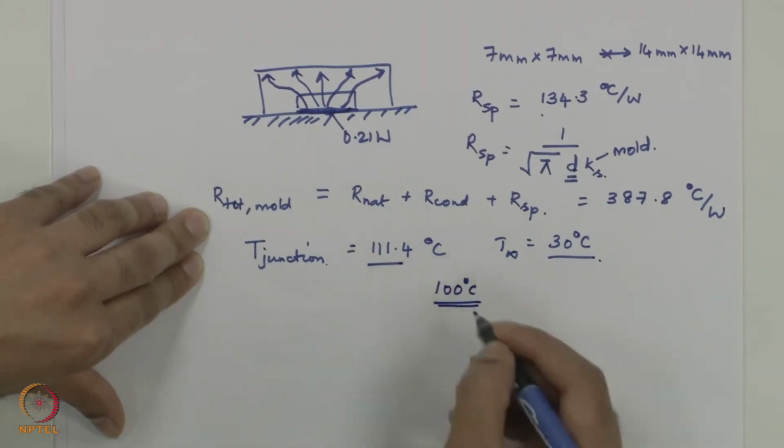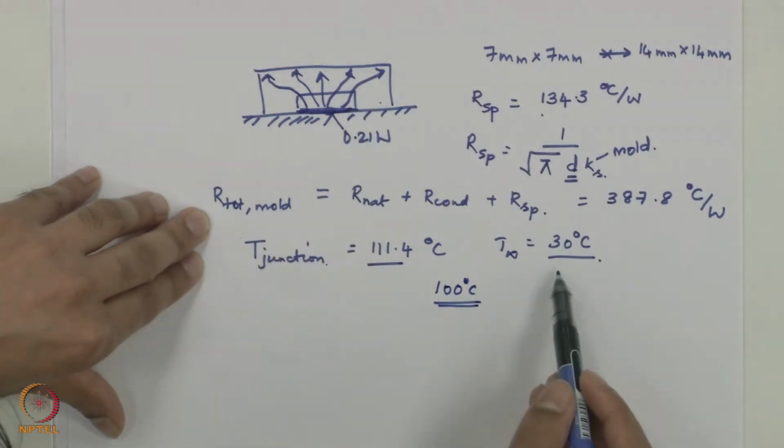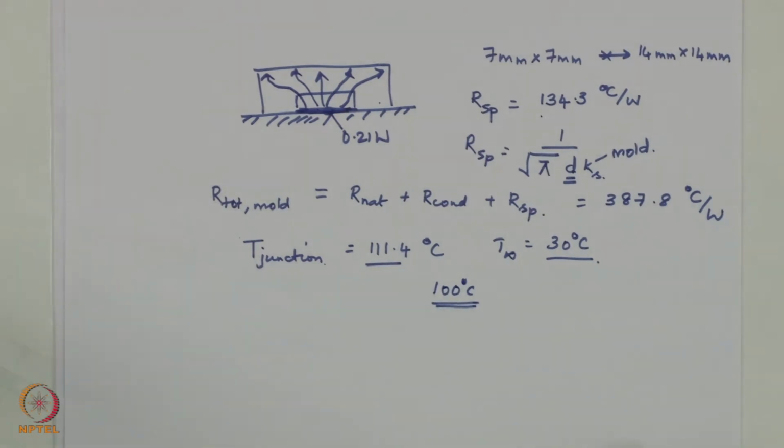So, one has to improve either the thermal conductivity of the mold, or one has to increase the area further. But nevertheless, this example shows that providing a larger surface area helps to improve the overall heat dissipation, even if you are putting certain molding material which is low thermal conducting.